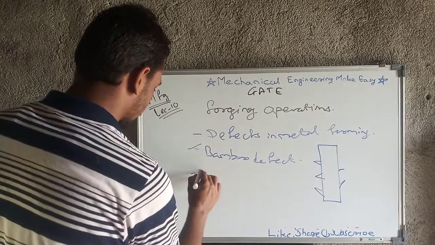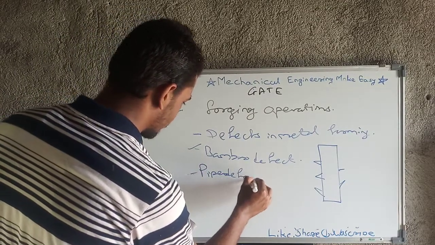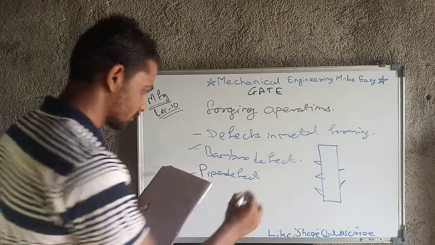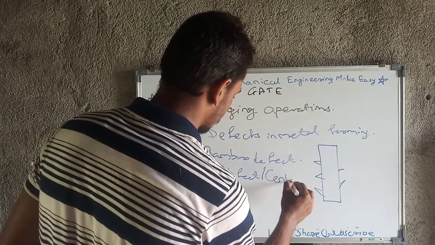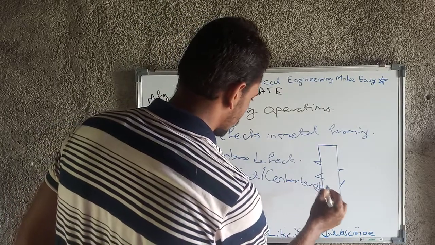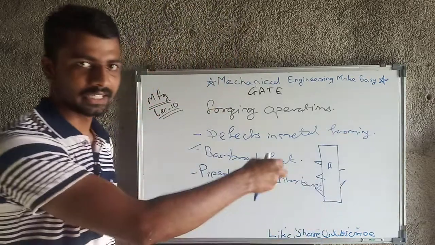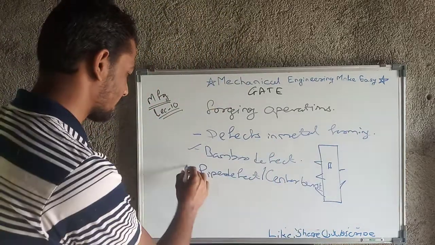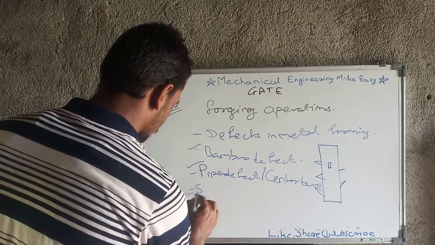Then pipe defect or center burst. It means that at the inner part of the rod there is a cavity. That kind of defect is pipe defect. Then surface cracking.